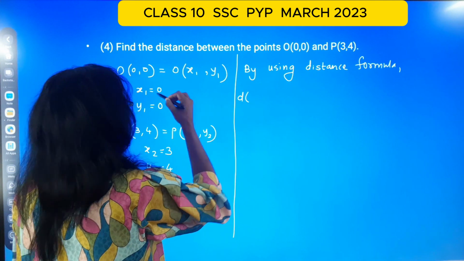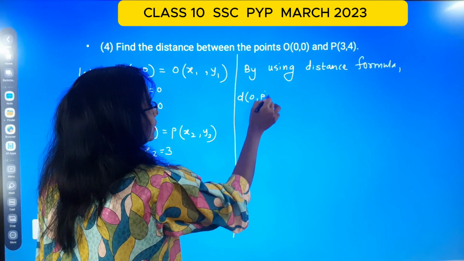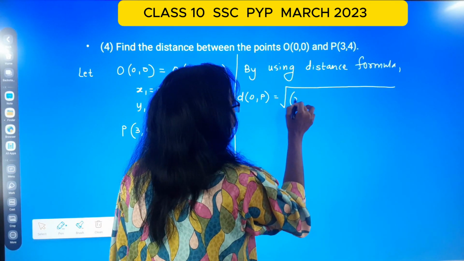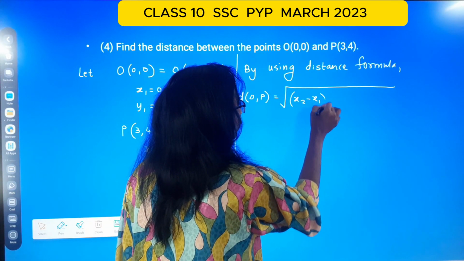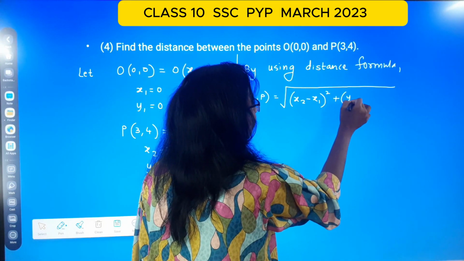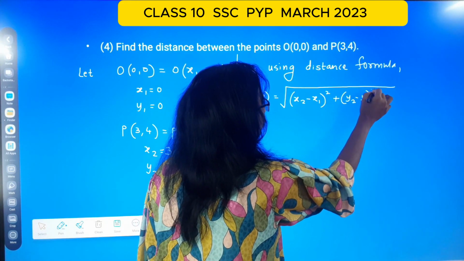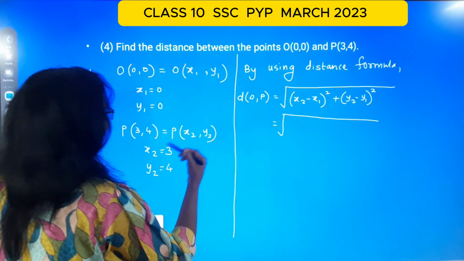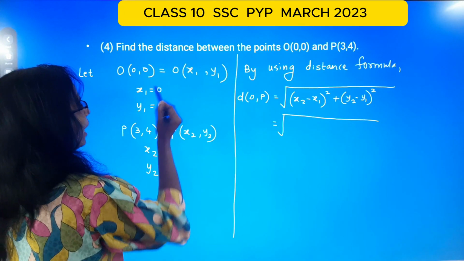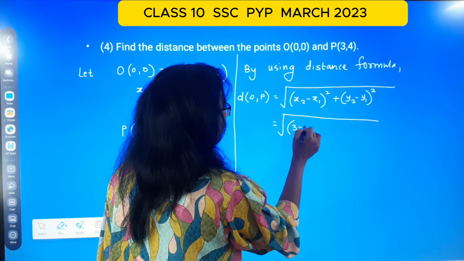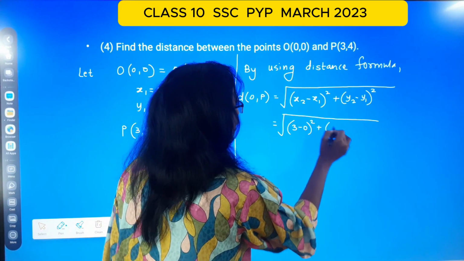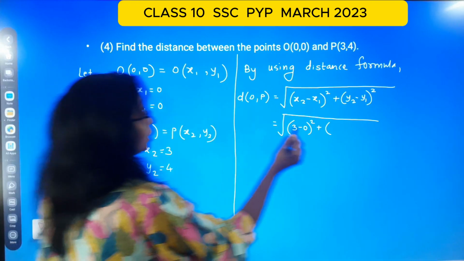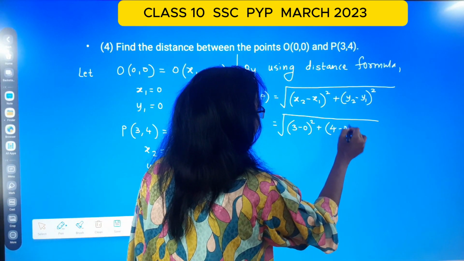The distance from O to P is equal to the square root of (x2 minus x1) whole square plus (y2 minus y1) whole square. So here, (3 minus 0) whole square plus (4 minus 0) whole square.